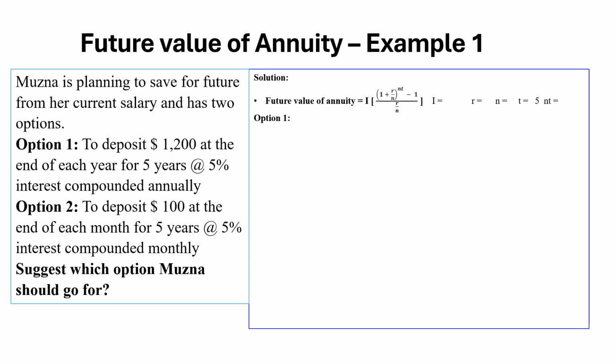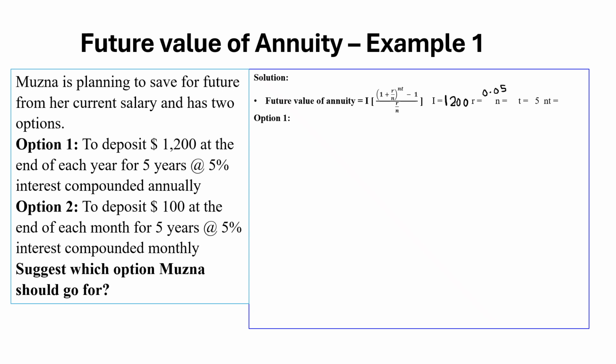So option number 1, we will write here I. What is my I in option number 1? It is 1200. R, what is my R? Rate of interest. My rate of interest is 0.05. 5% means 5 divided by 100.